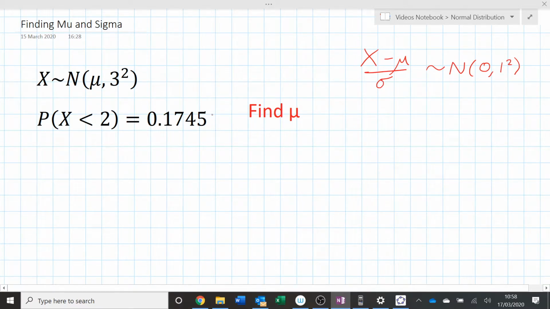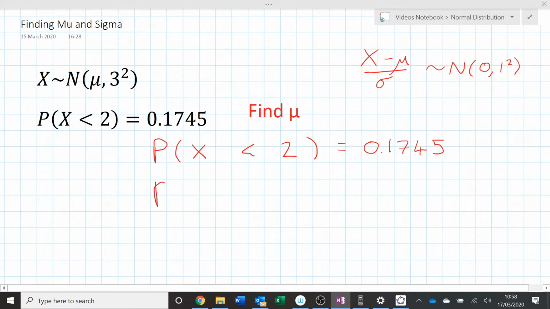I'm going to start by writing the probability of x less than 2, deliberately leaving a bit of gap, is equal to 0.1745. And now I'm going to use this fact, and inside the brackets, change it to make it become the standard normal distribution.